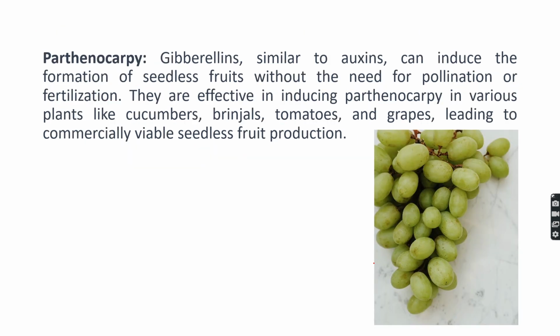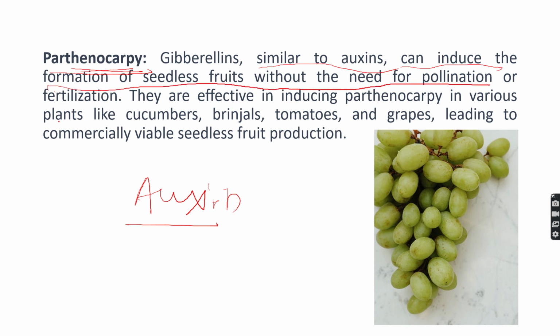Another important role is that it produces parthenocarpy. Parthenocarpy I have already told in the auxin series. So what is parthenocarpy? I have mentioned it there. Gibberellin, similar to auxin, can induce the formation of seedless fruits without the need for pollination or fertilization. They are effective in inducing parthenocarpy in various plants like cucumber, brinjal, tomato, and grape.